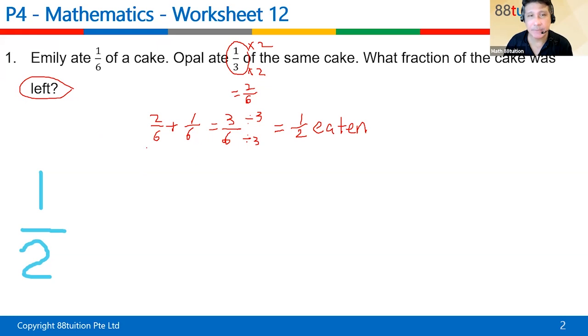Do you have what is left? Abia, we are halfway.